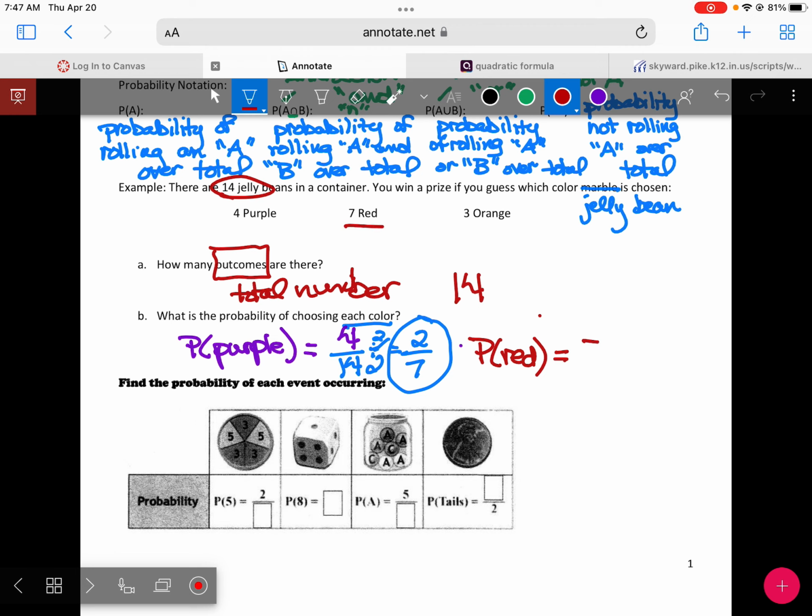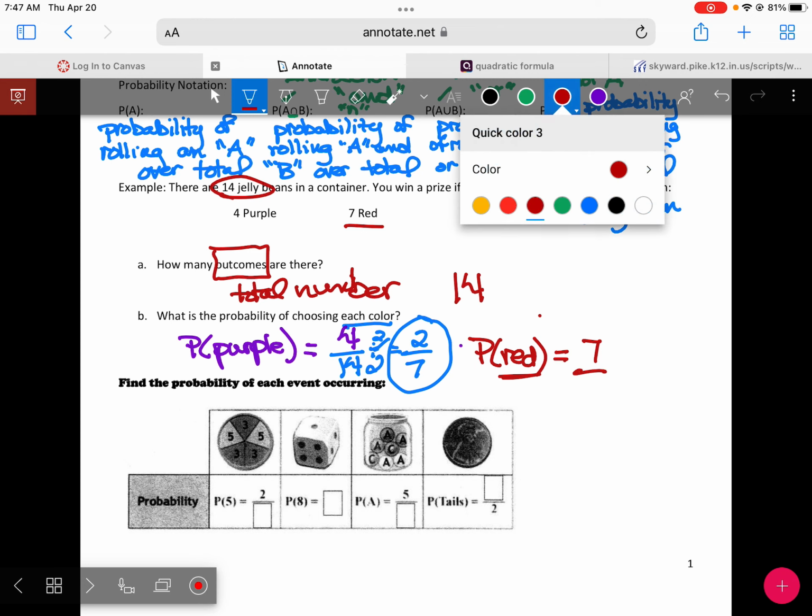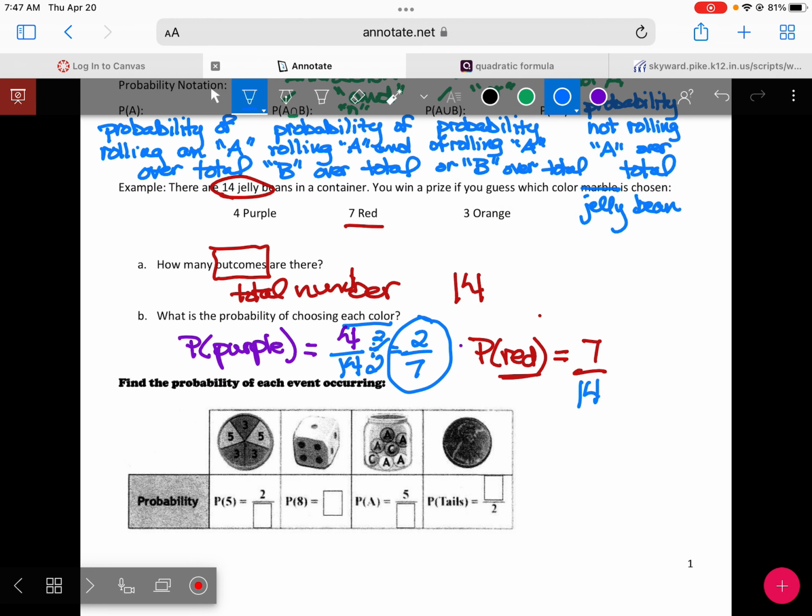Yeah. So my wins is how many I have of whatever event I'm looking for. I'm looking for the reds here. Out of, what's my total? 14. And to simplify that, I can divide by 7 over 7 and get 1/2.